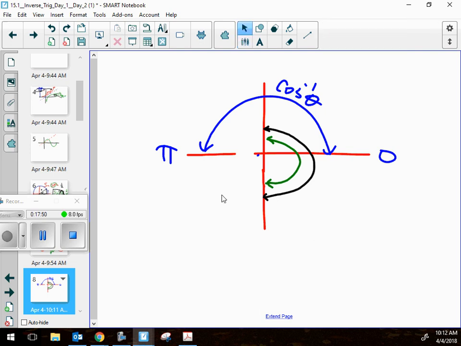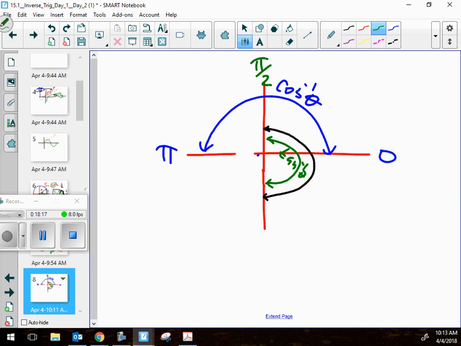Remember how tangent has asymptotes and it can't touch at the asymptotes? Then tangent is the green one. So inverse tan goes from there to there. And again, if you know this circle, you know that that's known as pi over what up there? What's that spot? Pi over 2. Okay.